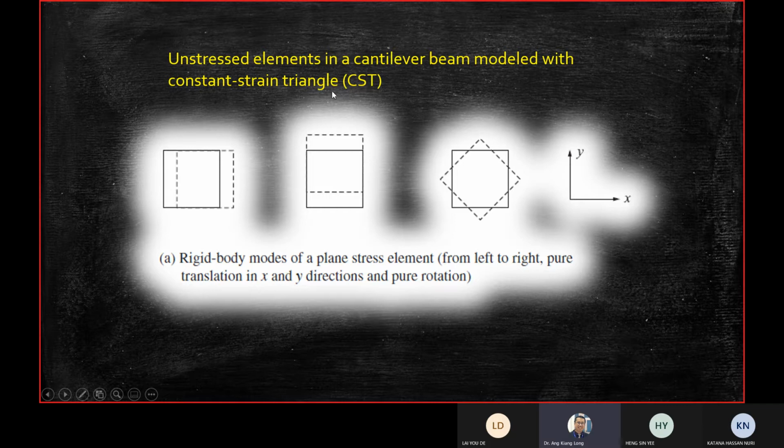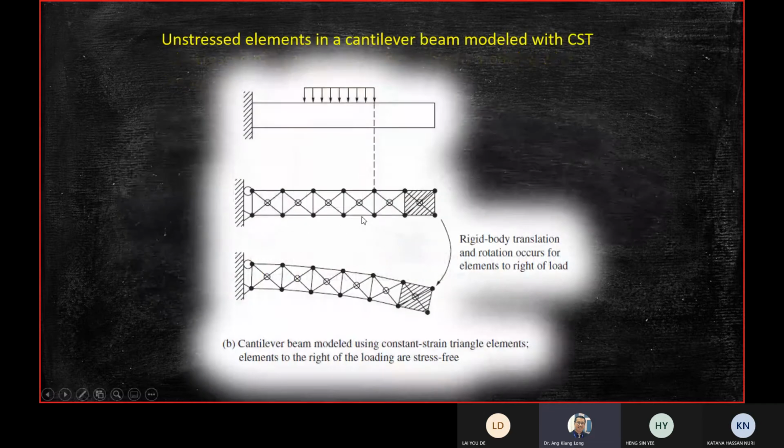CST is a strategy we use to solve finite element analysis on a stress element. So you can either move to the left or right, move up and down, or rotate to a certain angle. These are the movements or deformations that can happen on the element.